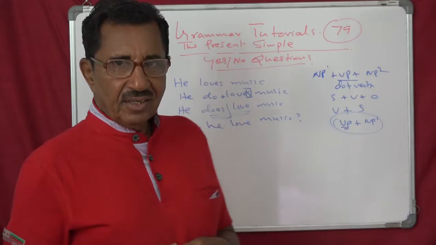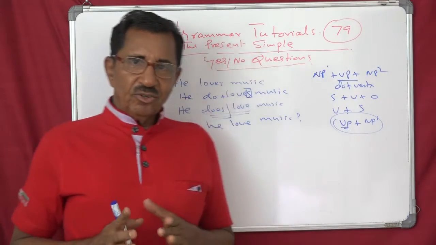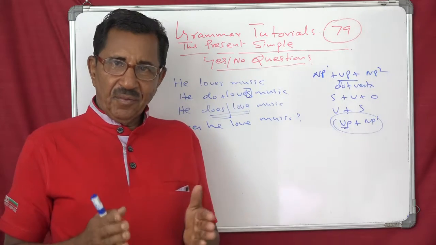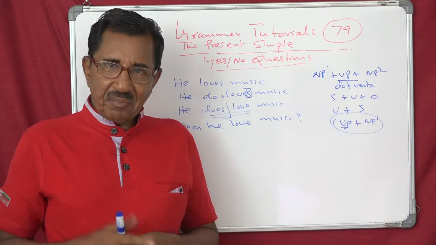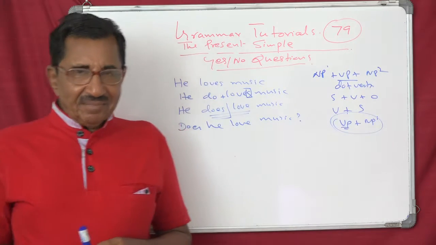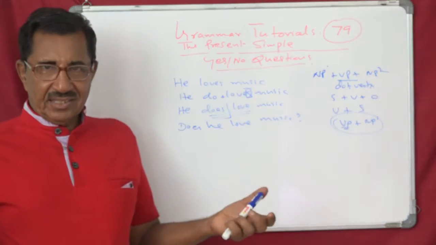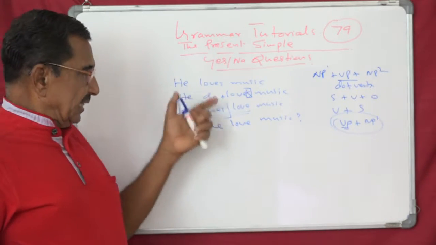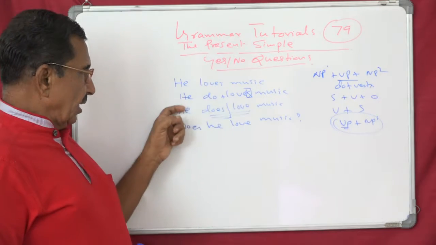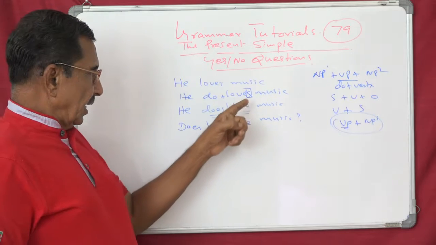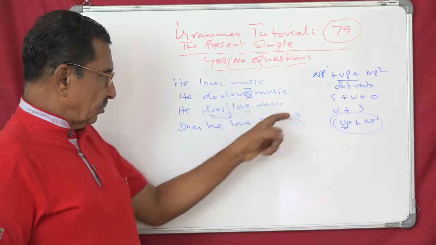Understand? So for simple tenses, you have to take the help of another member or another person. In this case it is help from somebody, and that is do. You have to insert do. Then what happens, as I told you, he loves music, he do loves music. S is taken and added to do, then he does love music, not he does loves.